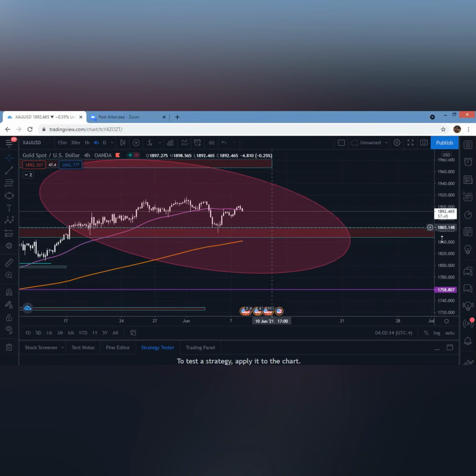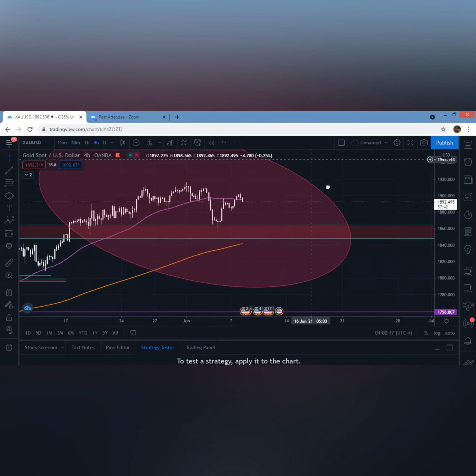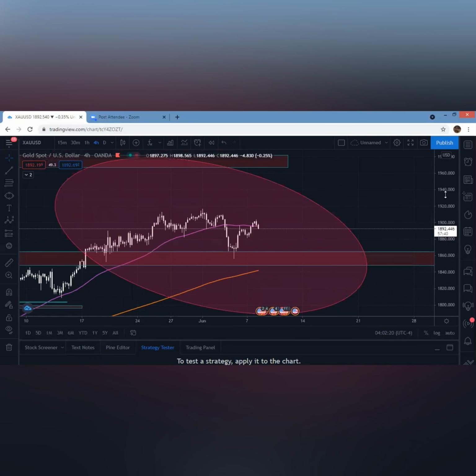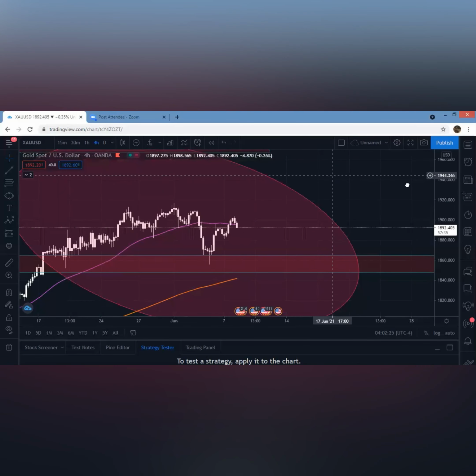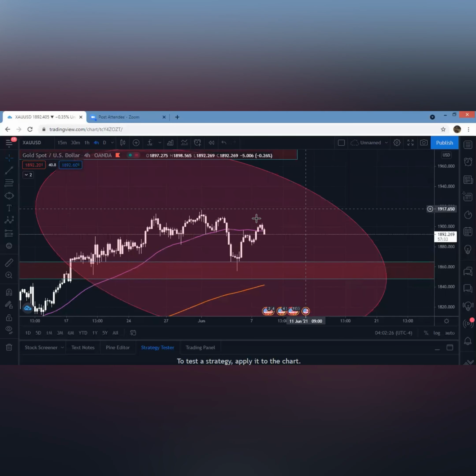So with that being said, how I find my sniper entry is I like to look for where I see significant price movement and where I see aggressive buyers or aggressive sellers enter into the market. And how you identify if you see aggressive buyers or aggressive sellers enter the market is where you see a significant move in price action from a particular point.